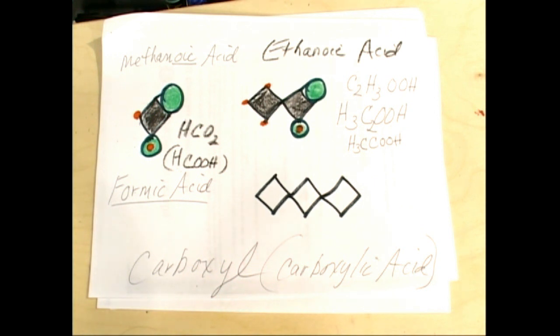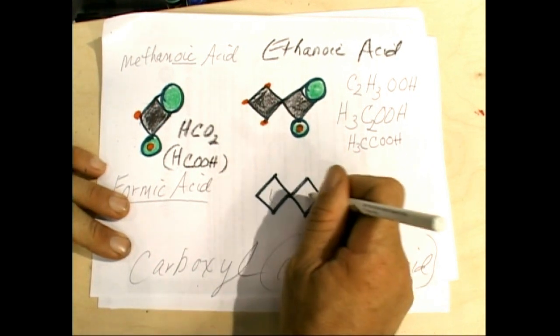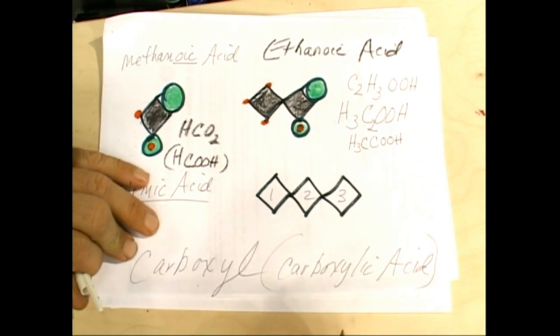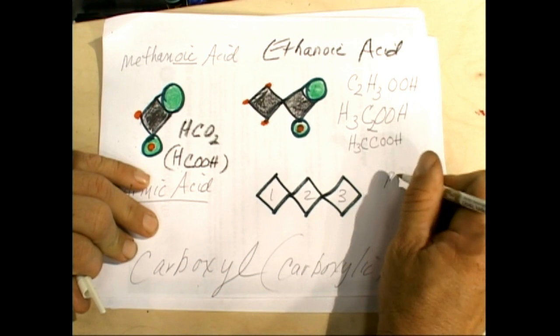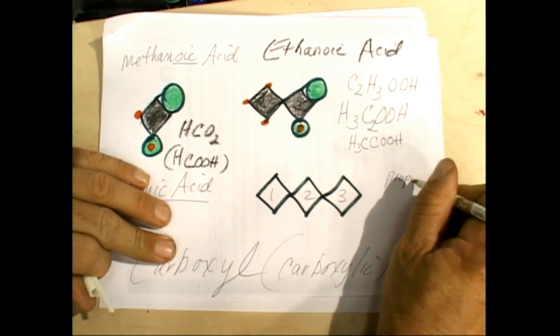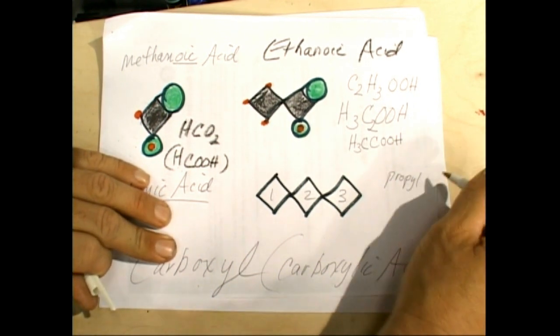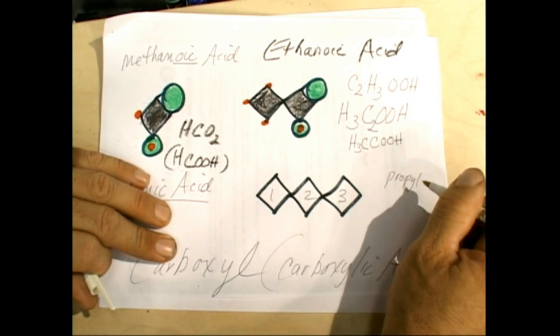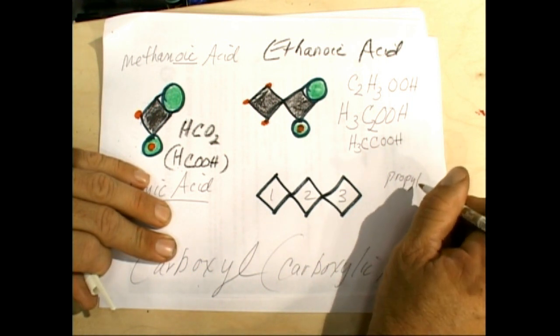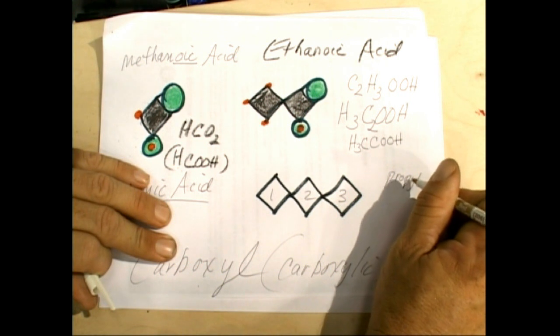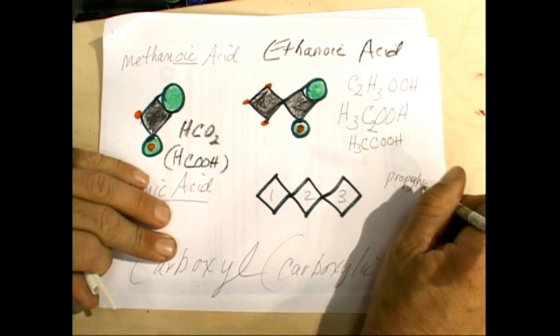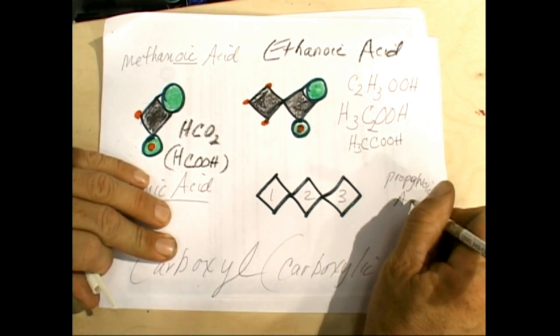So with three of them anyway, you got 1, 2, 3. It's going to be propyl for the 3 carbons. Propyl. And then it's a carboxylic. So propanoic acid, I bet is what that is called.